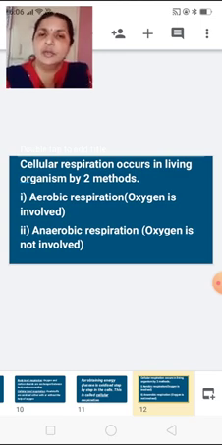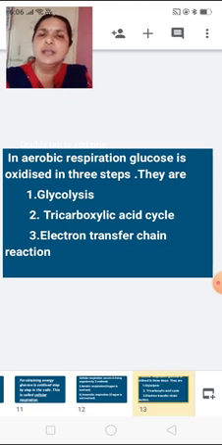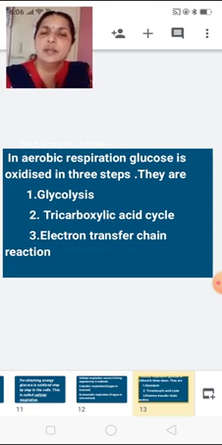Now, there are three steps in aerobic respiration. In aerobic respiration, glucose is oxidized in three steps. What are the three steps? One is glycolysis, second is the tricarboxylic acid cycle, or TCA cycle, and third is the electron transfer chain reaction.